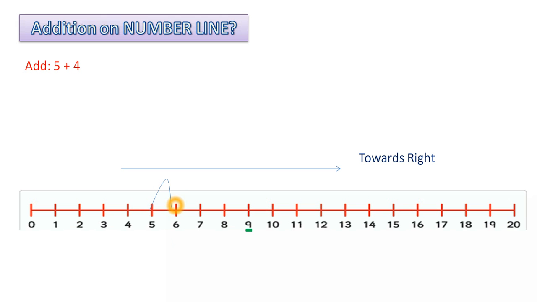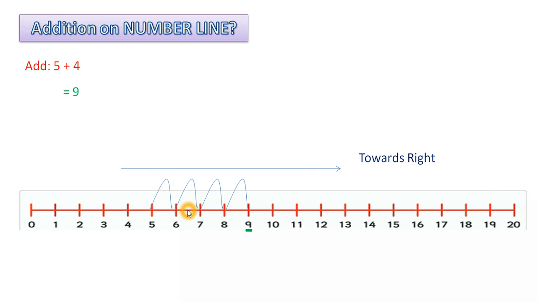Now I want to add 4 jumps, right? I want to add basically 4 to 5. It means 4 jumps. So this is 2, 3, and 4 jumps. After the 4 jumps, where do I reach? I reached 9. That means 5 plus 4 gives 9.